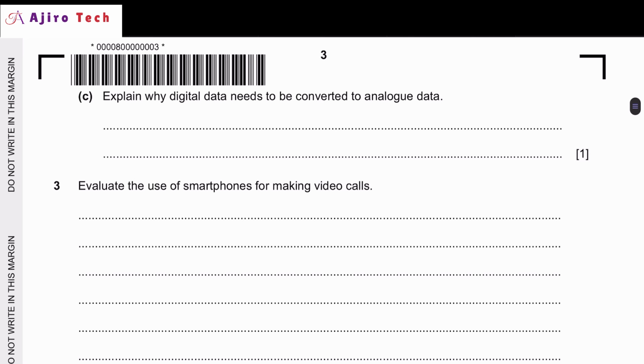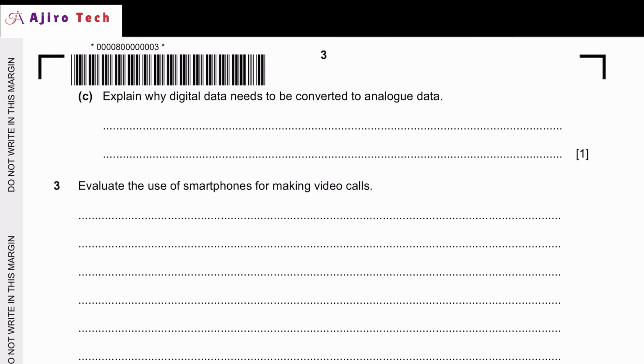Explain why digital data needs to be converted to analog. Since analog is continuous form, it's physical data, the reason why we need to convert it to analog is because of what users can understand. The computer can understand binary, which is digital.